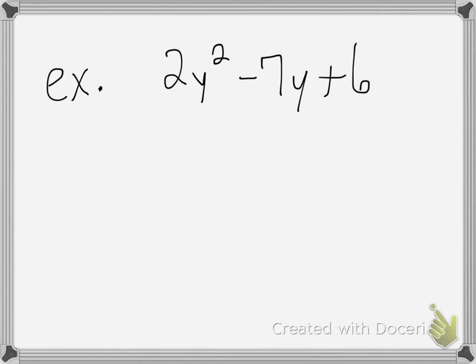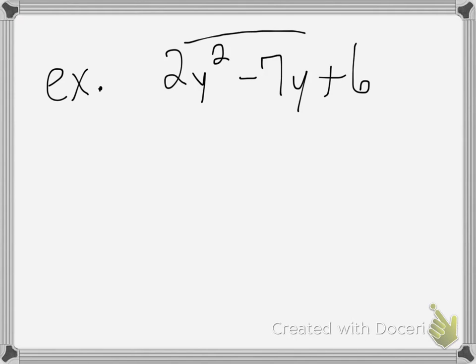Let's look at another one. Do I have a leading coefficient of 1? No. What's my leading coefficient? 2. Well, let's see if we can factor out a GCF. Is there a GCF out of these 3 terms that I can factor out? No. So which method am I going to have to use here? Slide and divide.